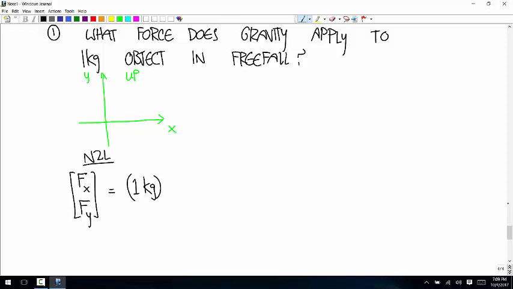You know, the force acting on it is equal to the mass of the object times the acceleration of the object. And what's the acceleration vector of the object? Yep, 0 for x, negative 9.81 meters per second squared for y.